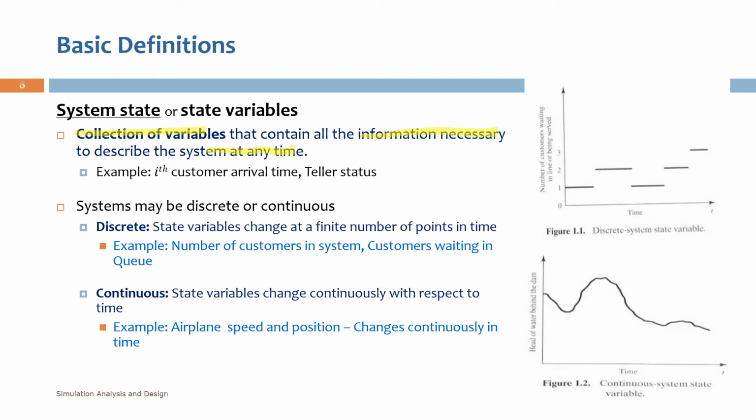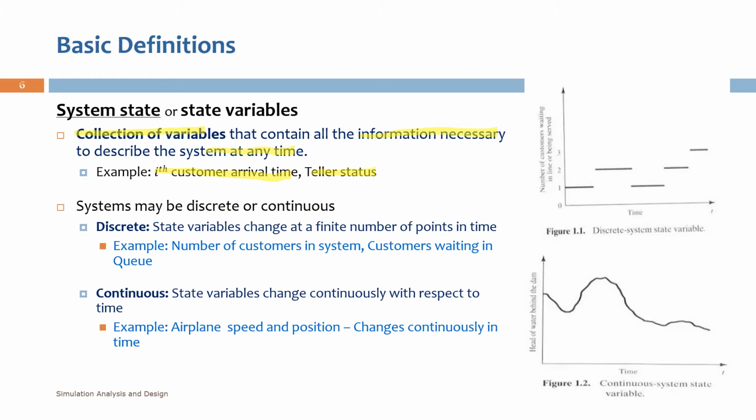And then the collection of those variables, the values of those variables at any time, will describe the system status or the system state. For example, the ith customer arrival at any time, or the teller status if it's busy or free, for example, right? So the state of the teller will vary over time.